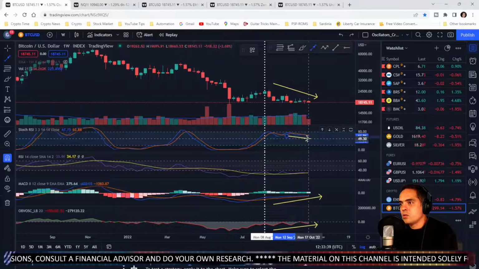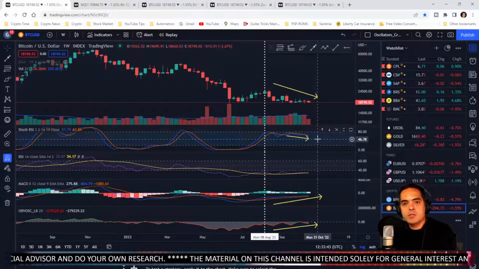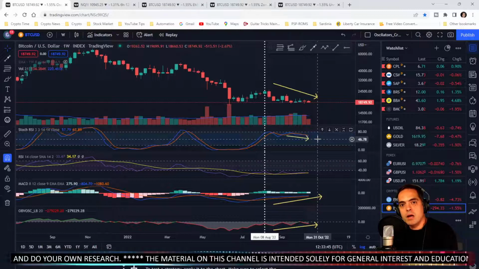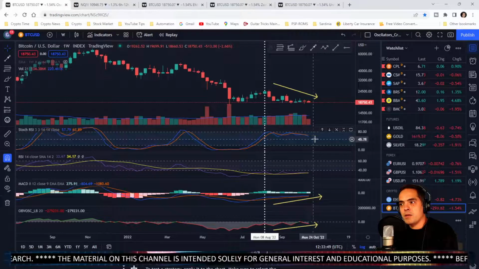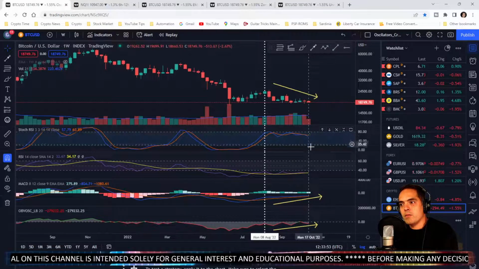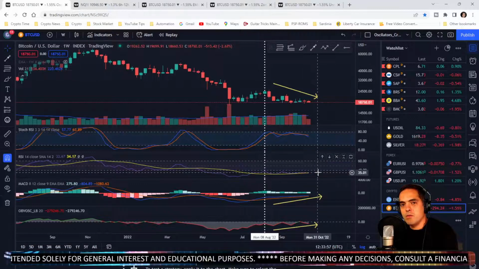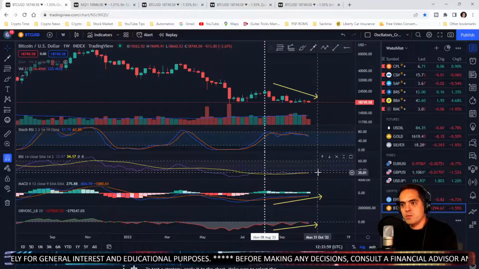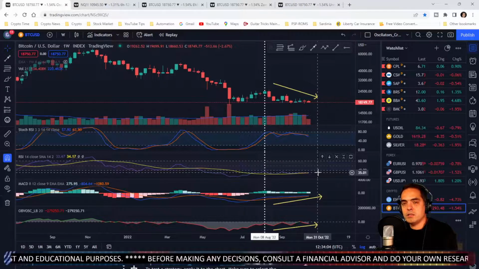When that happens, we can expect to see the price going down. So again, stochastic RSI is going down right now. RSI is bearish, and has been for forever now, at this 30 level.